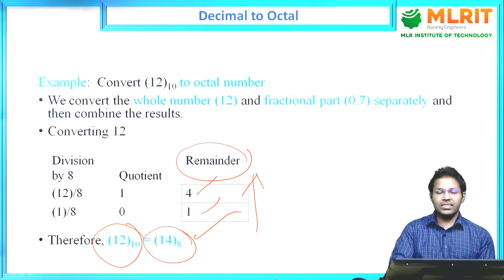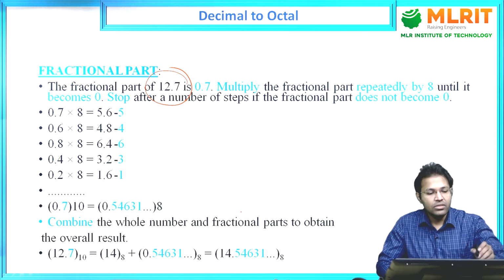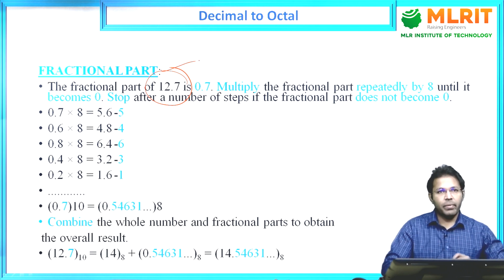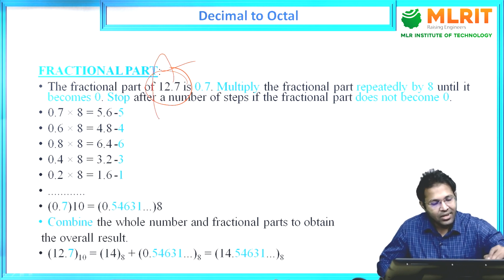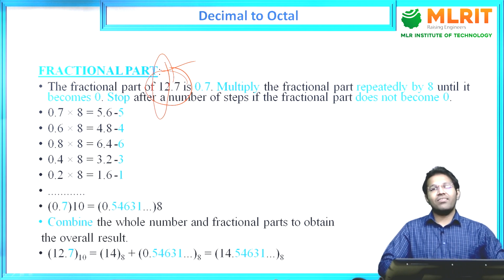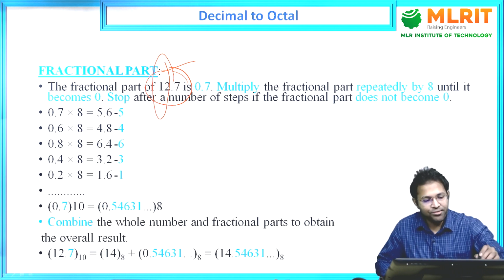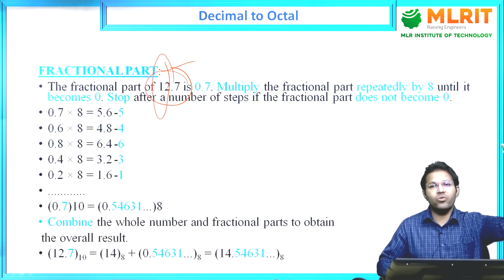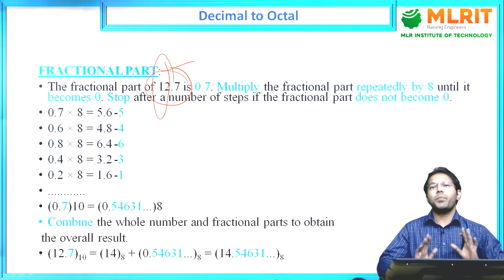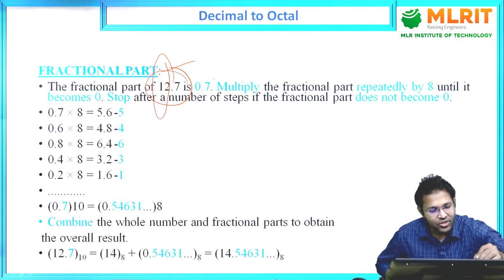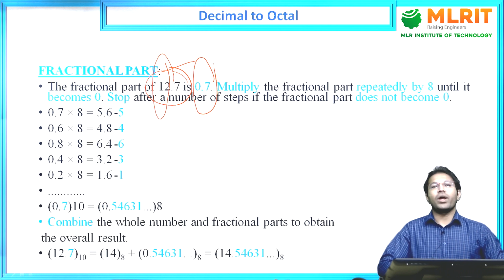Now we will consider what if we have a fractional part. This 12 we have already done in the previous slide. If you take out 12 from 12.7, 0.7 is remaining, so now we will focus on that 0.7.